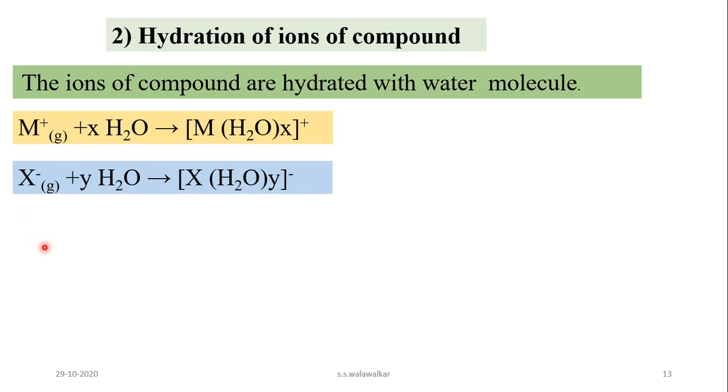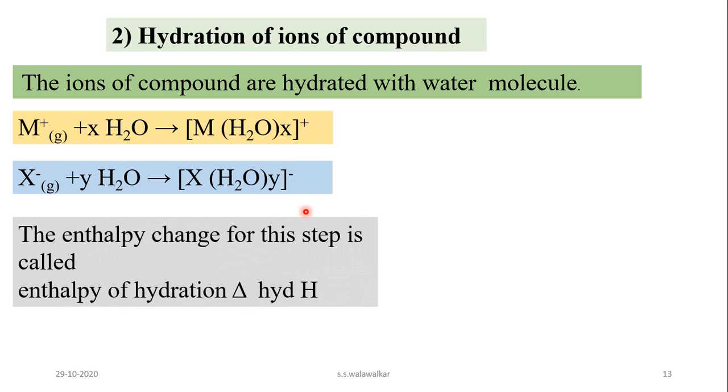Like that, the negatively charged ion is surrounded by water molecules, Y number of water molecules, and gives you X(H2O)Y minus. And both these processes are called the hydration process, and the enthalpy change during these two steps is known as enthalpy of hydration.